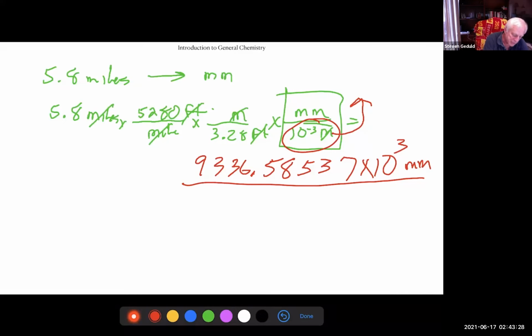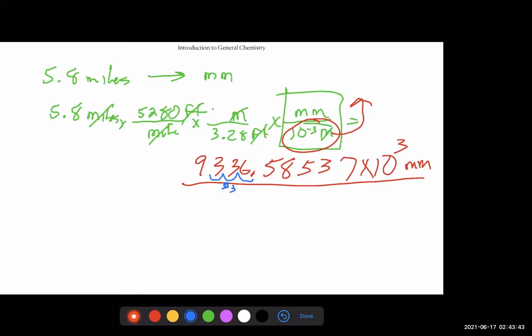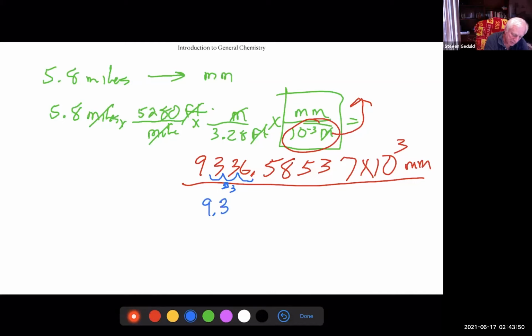So we're going to move our decimal point. 1, 2, 3. We're moving this 3 places, right? Have we made that number bigger or smaller? Bigger. We've made this into 9.33658537 times 10 to the something.